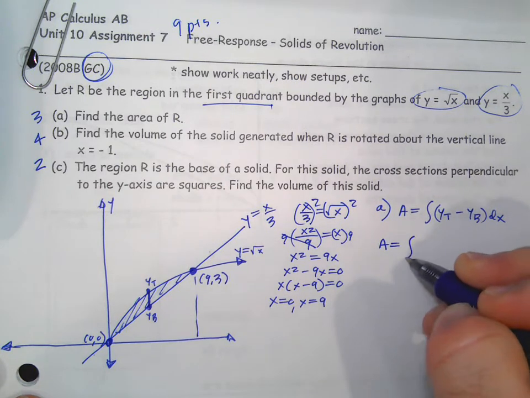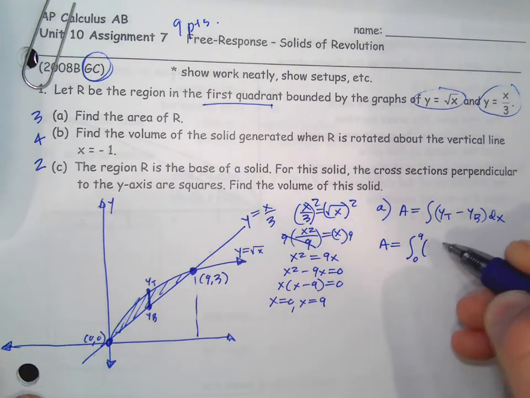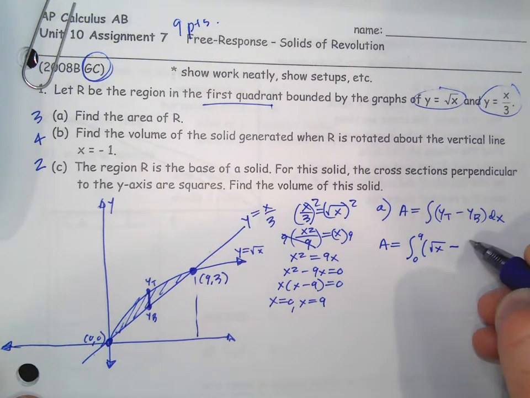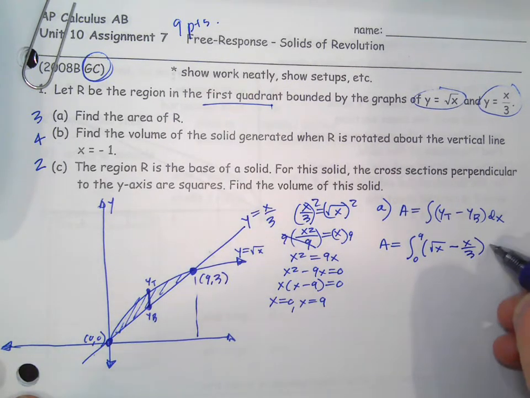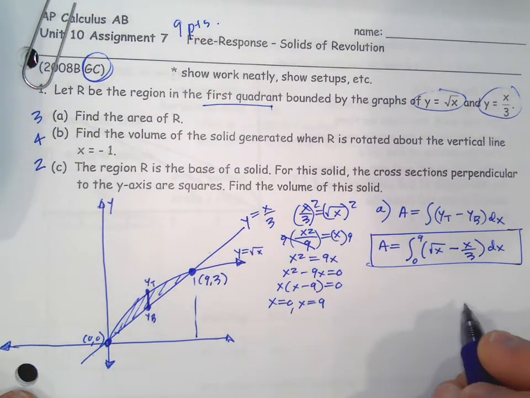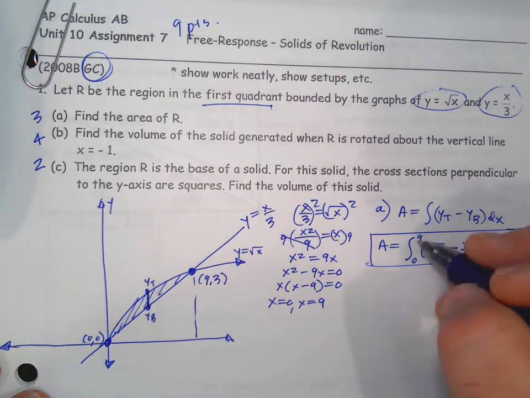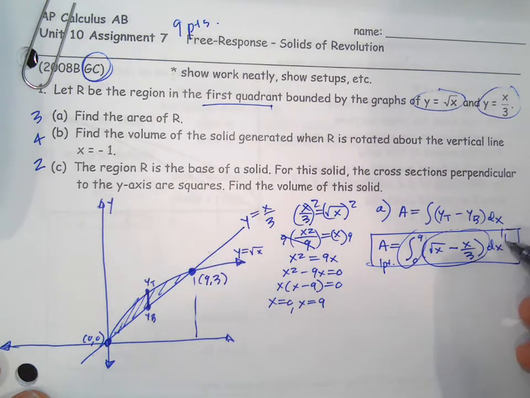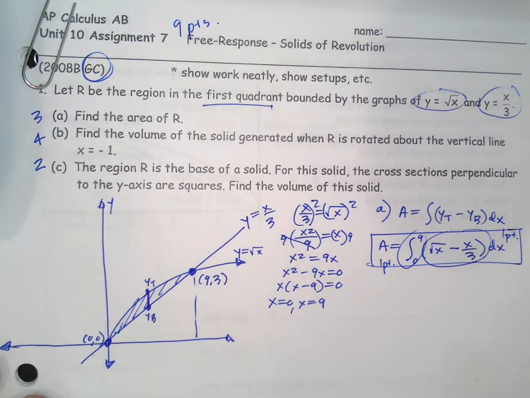So we're going to integrate left to right, 0 to 9. Y top in terms of x is the square root of x, minus y bottom is x over 3. So this is your setup, okay? This is actually worth 2 points. The limits being correct is a point, and the integrand is a point, what's inside the integral.